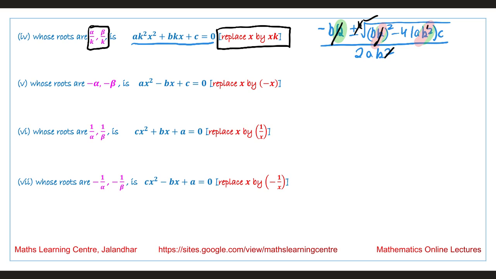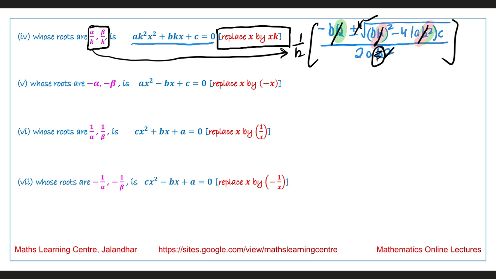All these k get cancelled and we are left with 1 by k times this term. So the two roots we have are alpha by k and beta by k.